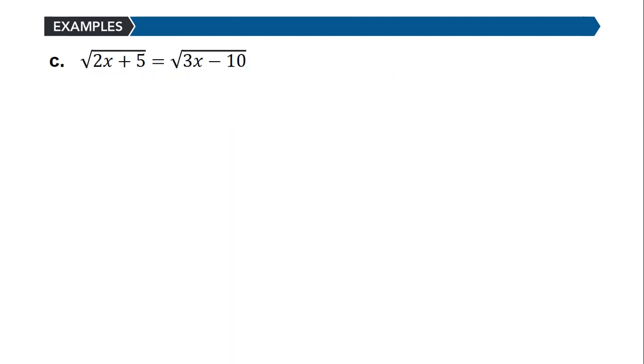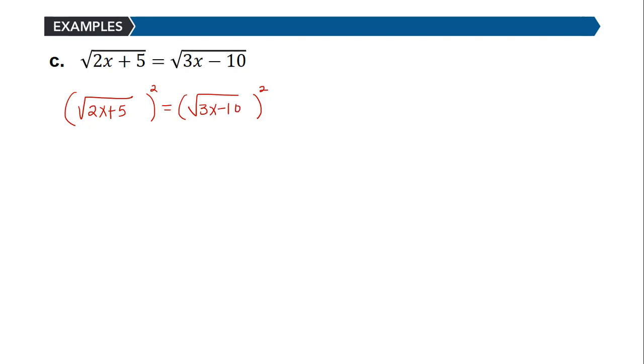And then we have the equation, the square root of 2x plus 5 equals the square root of 3x minus 10. This equation has two radicals, but each radical is isolated to one side. Therefore, we can apply the property that if we raise each side to the exponent of 2, we can eliminate the square roots.